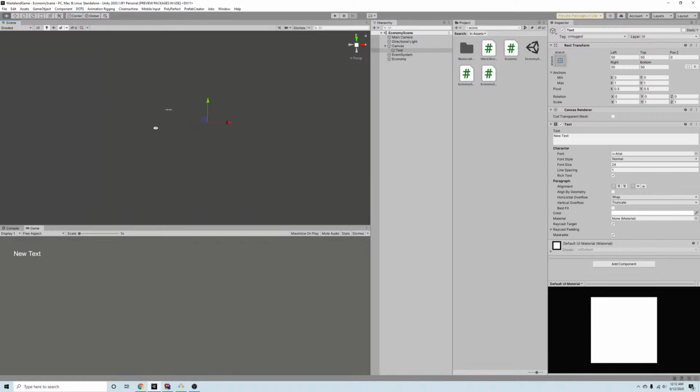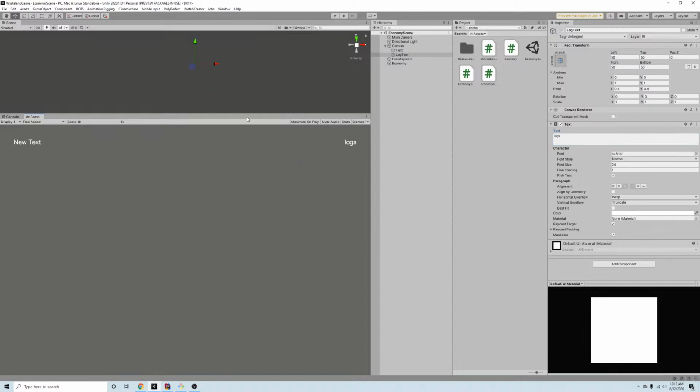And to do that easily, I might just create another text field and change it to be right alignment. See what this looks like.